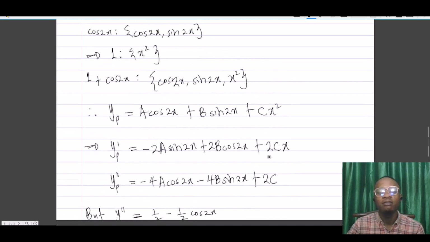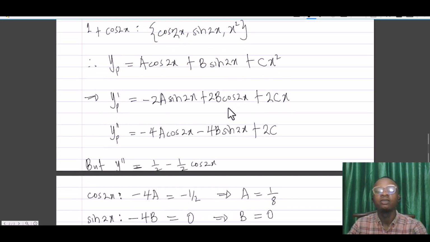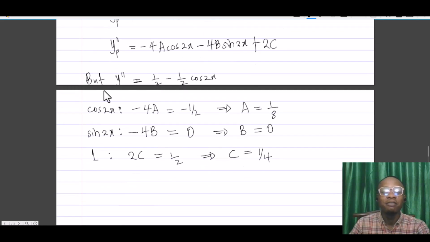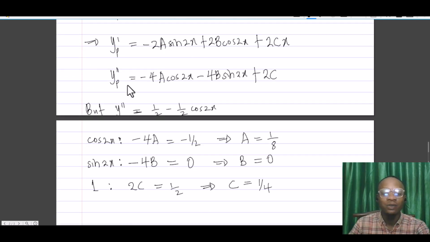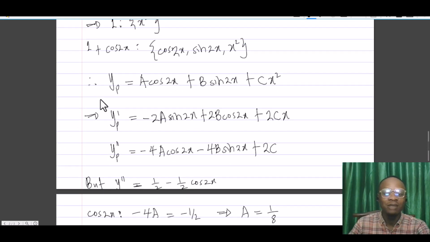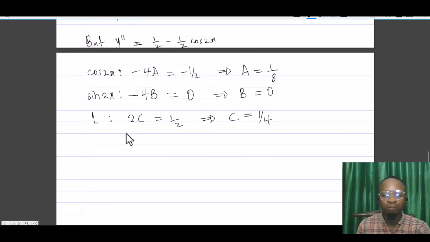What else do we have? We have x squared in these expressions. If we consider this now, we have x squared.